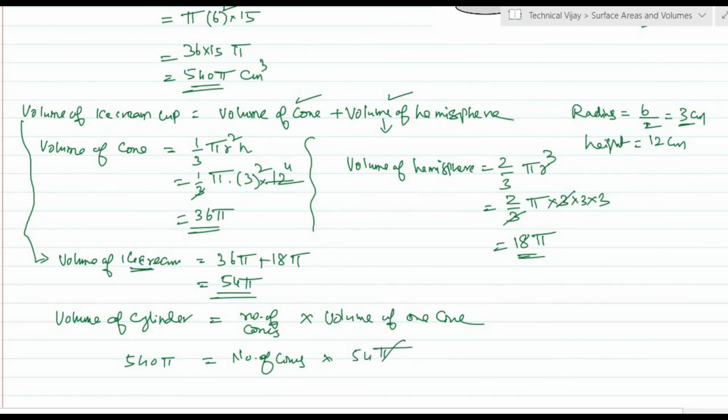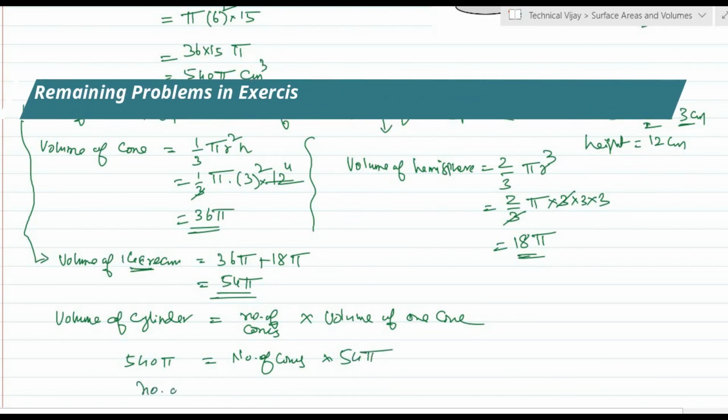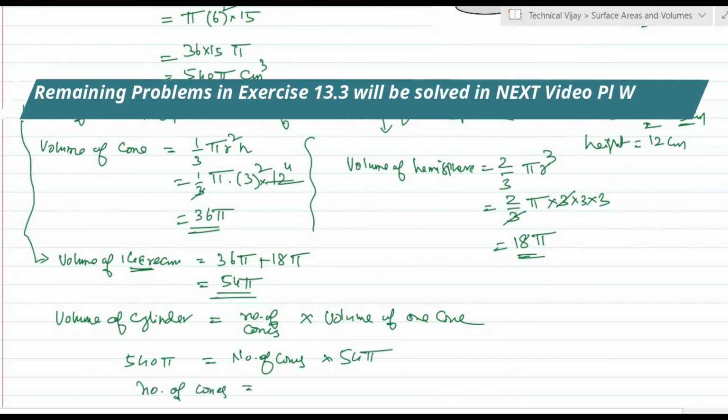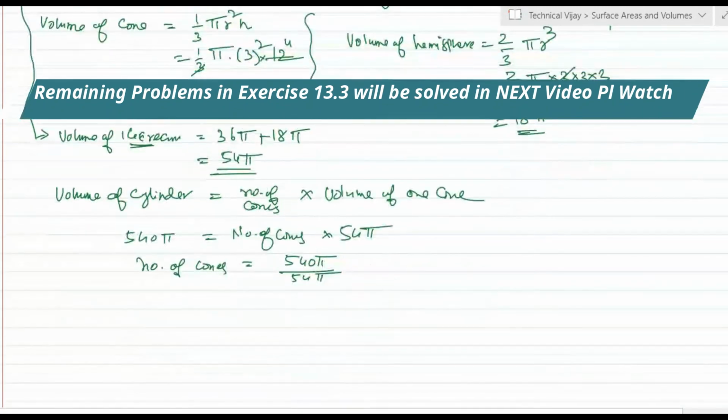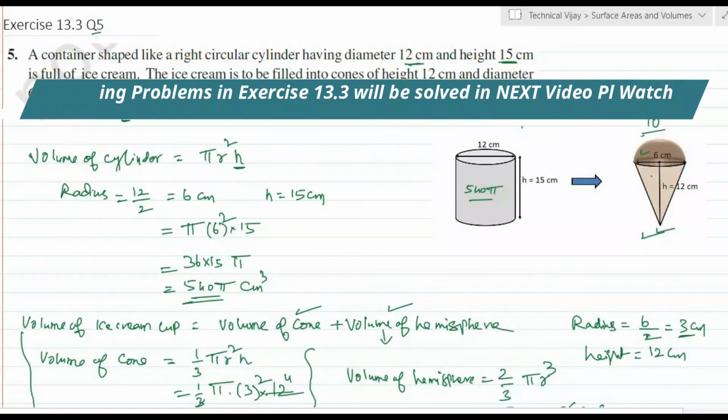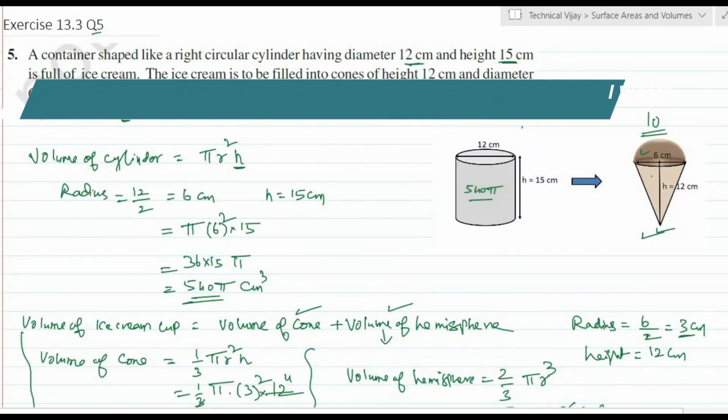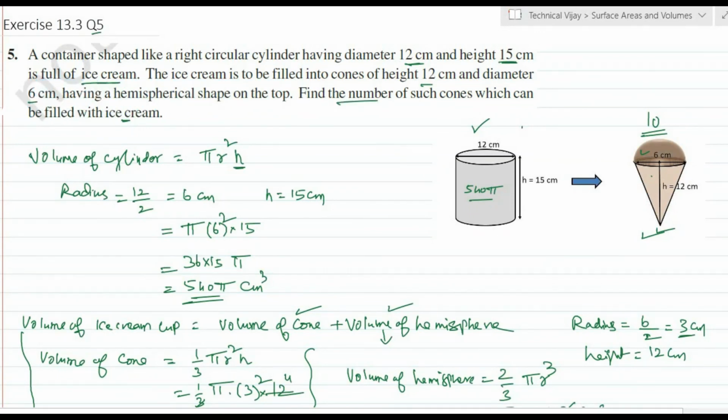So the number of cones is equal to 540 pi divided by 54 pi. Pi gets cancelled, and 54 tens are 540. So the number of cones is equal to 10. So 10 such cones have a volume equal to the volume of this cylinder.